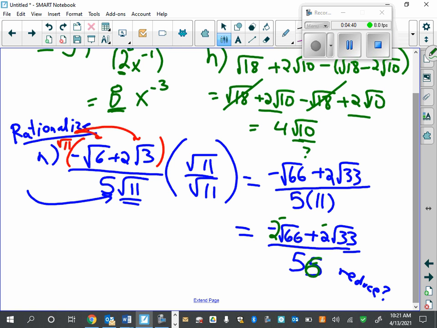But if this was a 56 and this was a radical 56, you can't cross out a radical with a number. You can only divide numbers with numbers. You can't divide radicals with numbers, and you can't divide part of a binomial. If you divide this by 56, you've got to divide the first one by 56. So you can't just cancel part of the binomial. That is a big no-no.